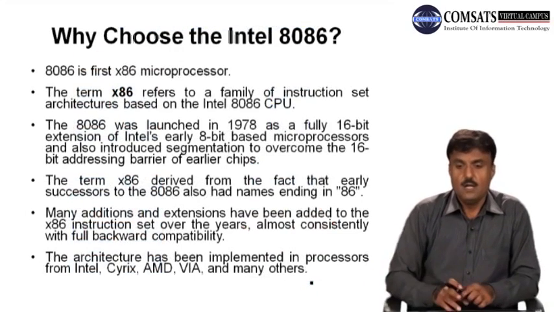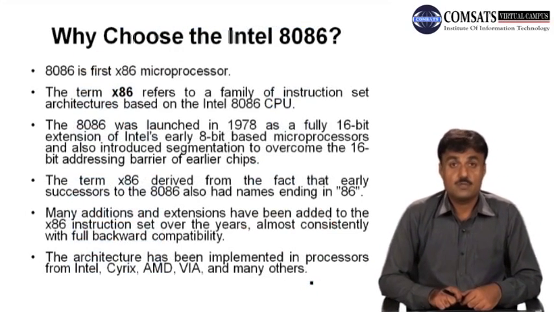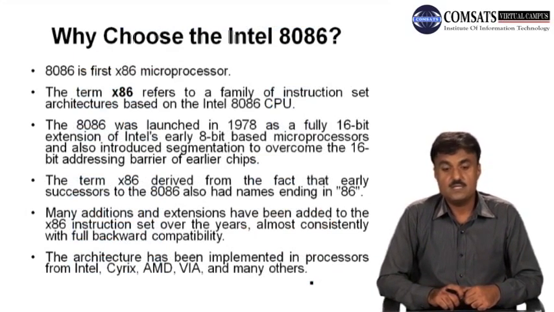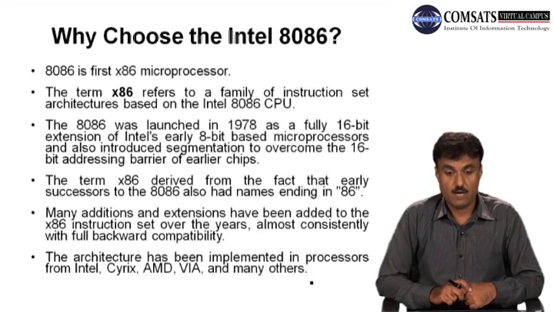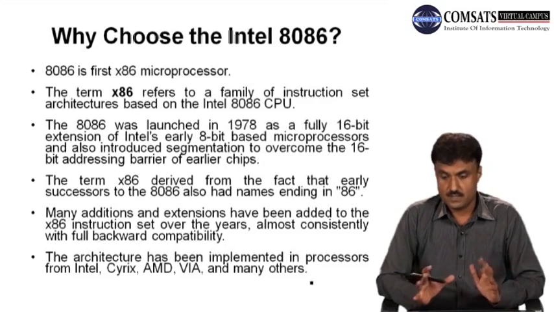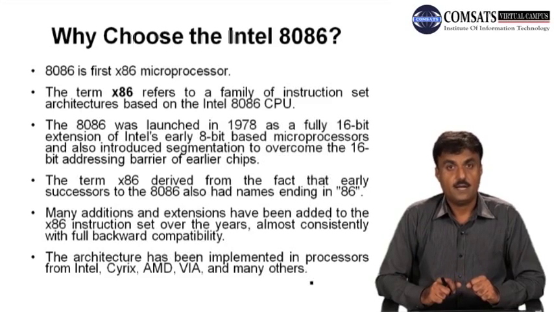And the question is why we chose 8086. As I told you previously, what was the reason to choose this 8086 microprocessor? 8086 is the first x86 microprocessor. All these microprocessors that you are seeing inside the market are called x86 microprocessors.